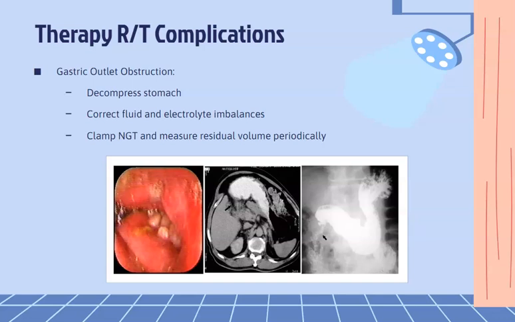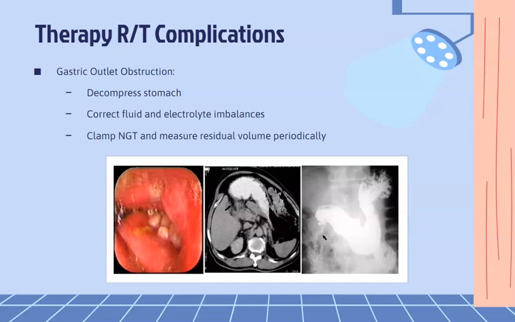So if we're not emptying the stomach, obviously we have to get an NG tube in to decompress the stomach and get any of the contents out. We will correct any fluid imbalances related to this. And as it heals or we move on, we can clamp the NG tube and measure residual volume before we completely remove the tube later on.